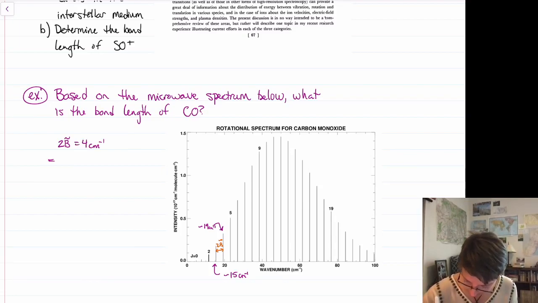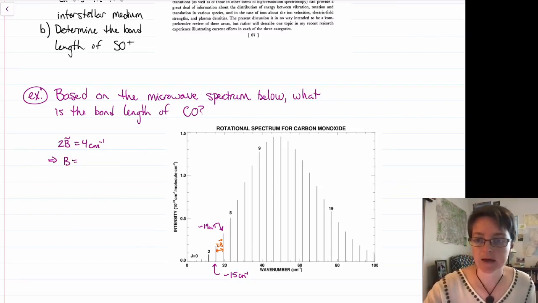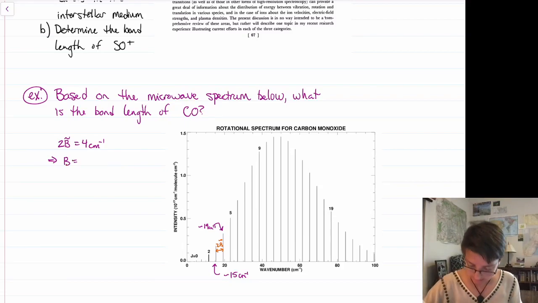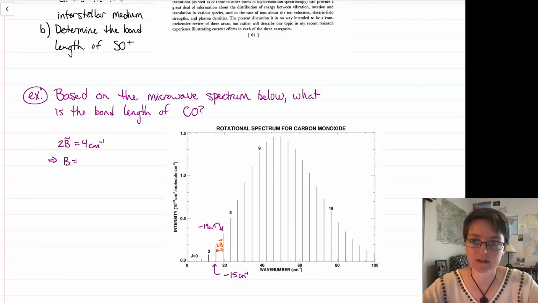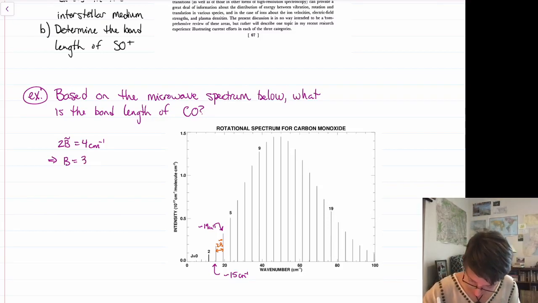When we convert this to units of energy, we obtain a value for B that is approximately 3.98 times 10 to the negative 23rd joules.